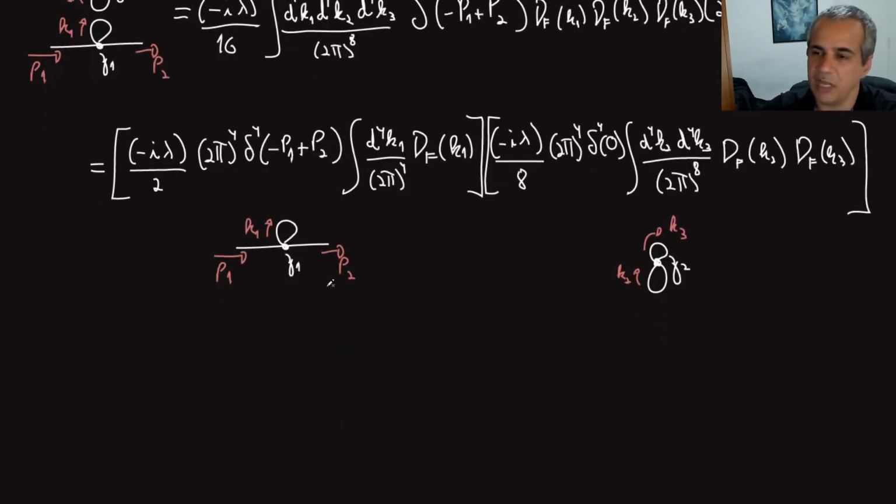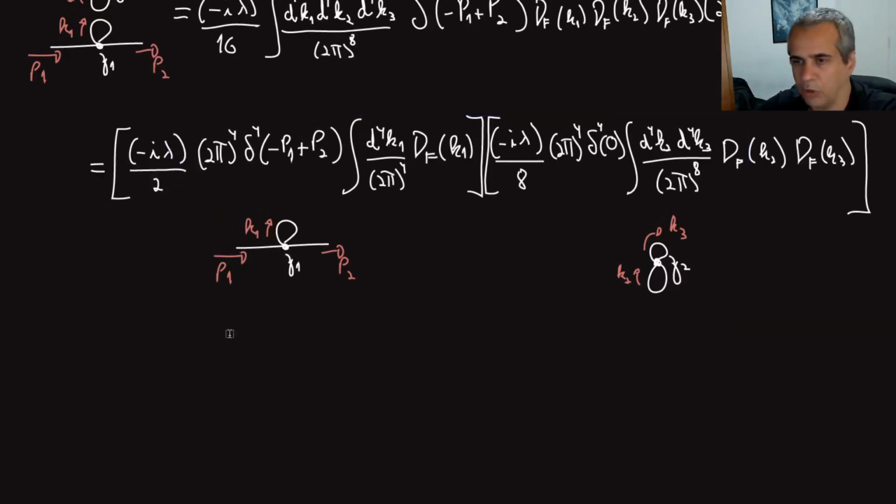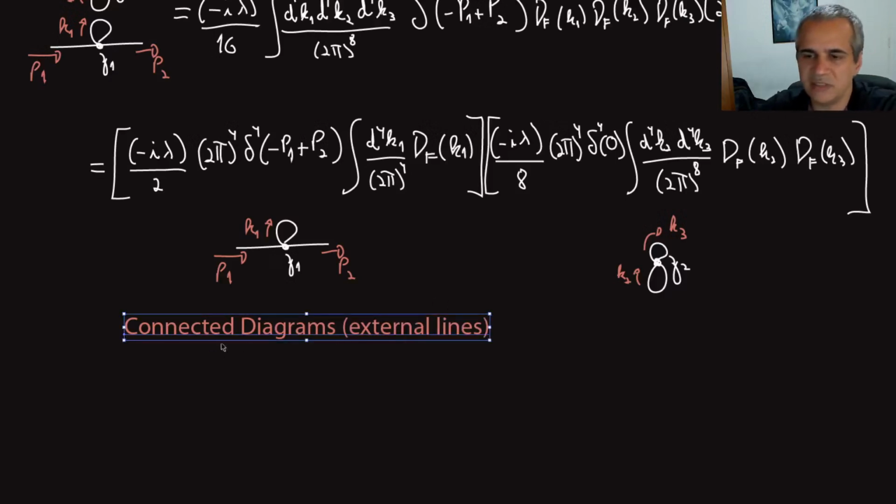We have a special name for this diagram. We call them connected diagrams, in the sense that they are connected to external lines. For now, I will use more than one definition of connected, but so far that's what it means. It means this guy is actually connected to a position in my laboratory.